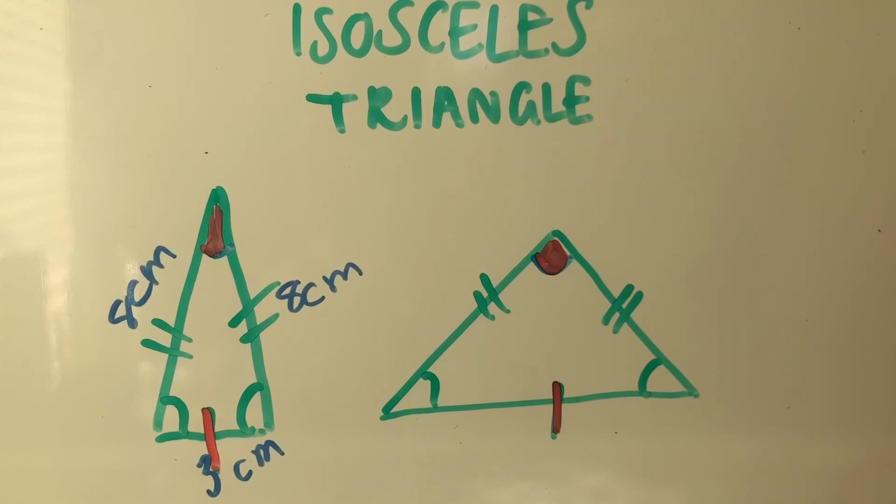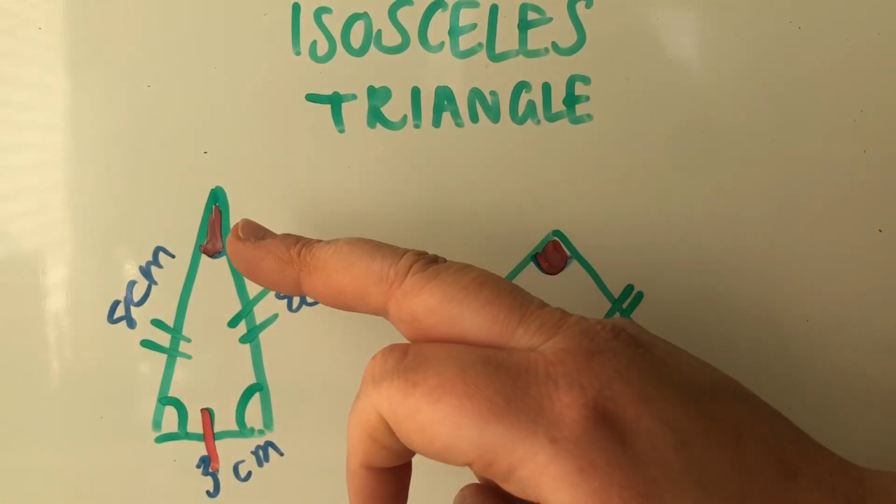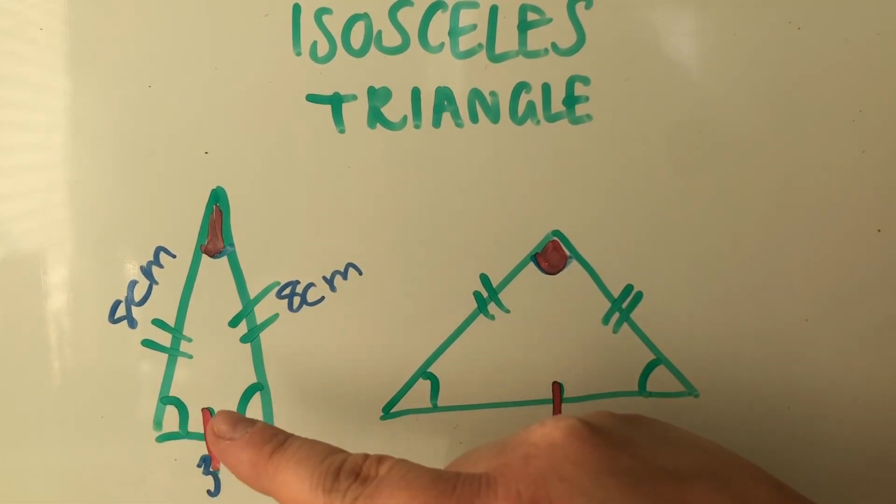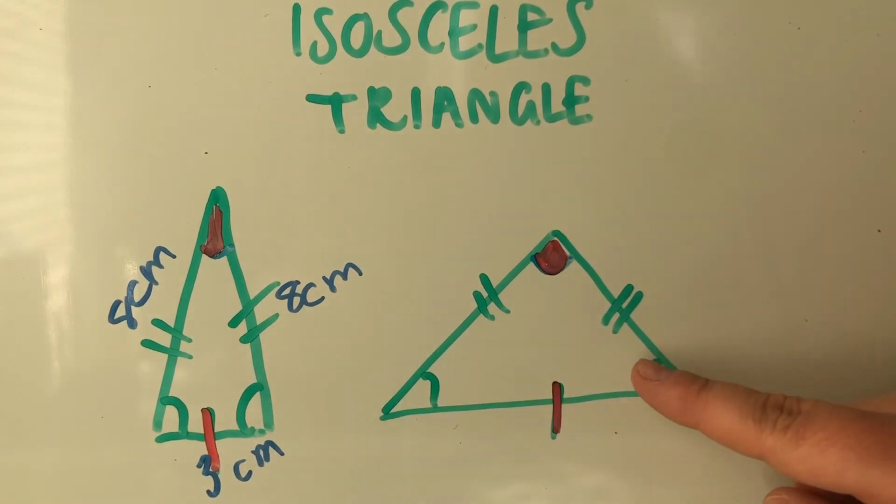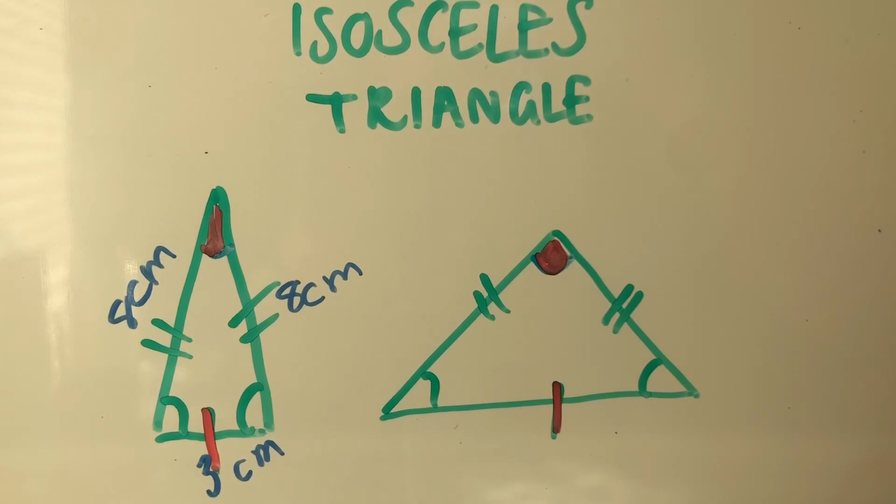Last time we talked about equilateral triangles where all the angles were the same. However, in an isosceles triangle, one angle is different from the other two. The bottom two look the same just by looking at them, and they will also be equal.